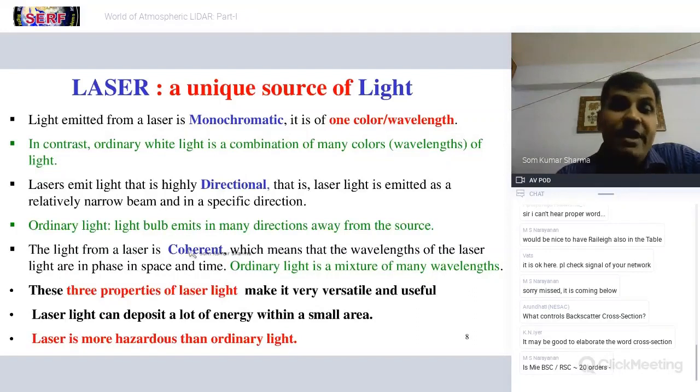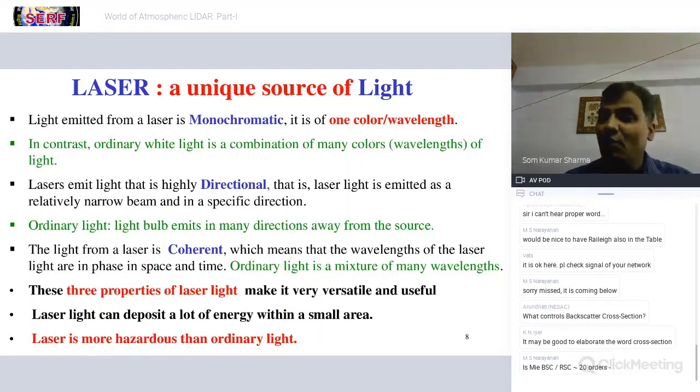And third, a very important property of laser is that the light from laser is highly coherent. Coherency is a very good phenomenon which makes things very effective. Coherent means that the waves of the laser light are in phase in space and time.